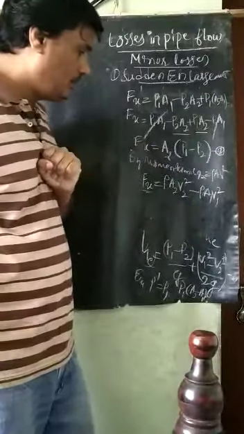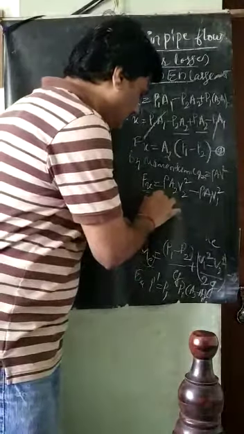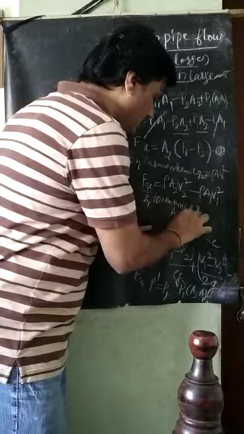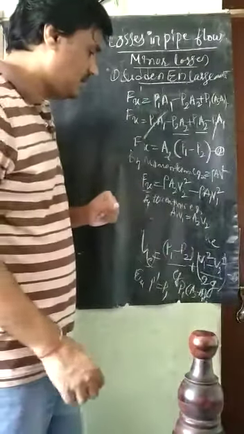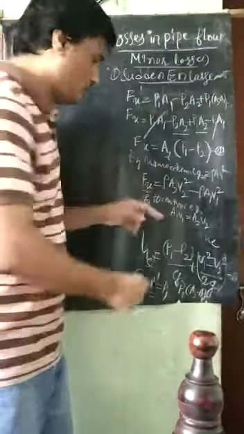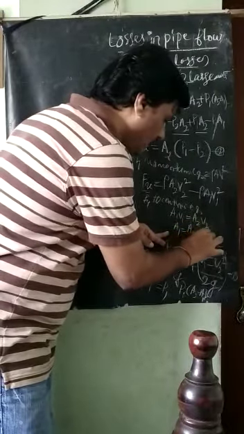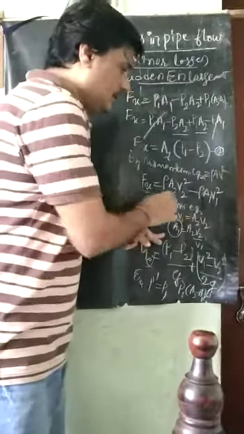Now I will apply the continuity equation for section 1 and 2. What is the continuity equation? A1 V1 is equal to A2 into V2. As a mathematical simplification, A1 is equal to A2 V2 by V1. I will substitute this A1 into this equation.